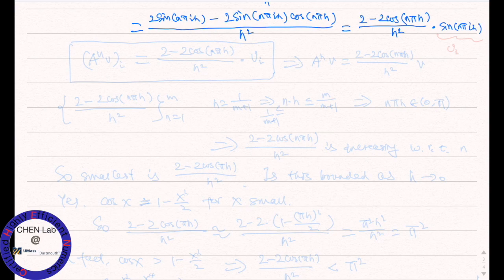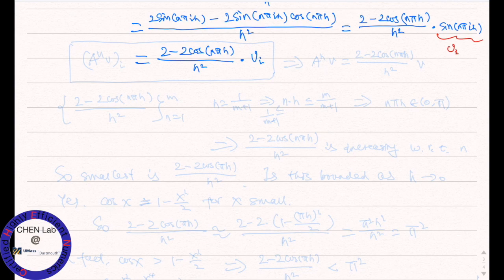Well, we know what sine m pi h is. Let's just rewrite this down. M pi h divided by h squared, that's the coefficient, times that sine m pi h, that's just v_i, because we tried that, so it's just v_i.